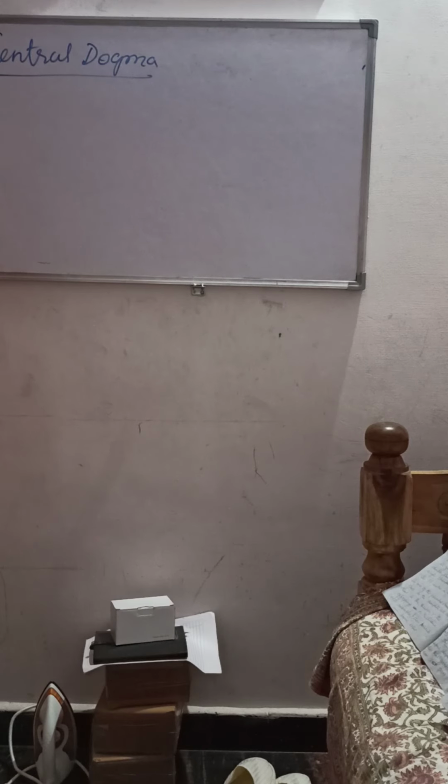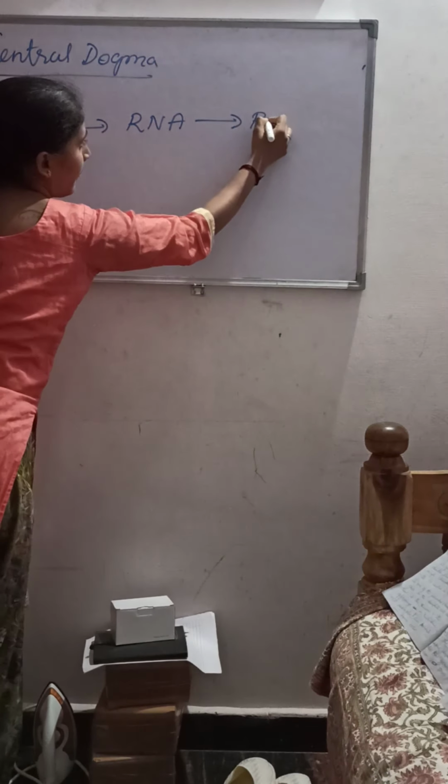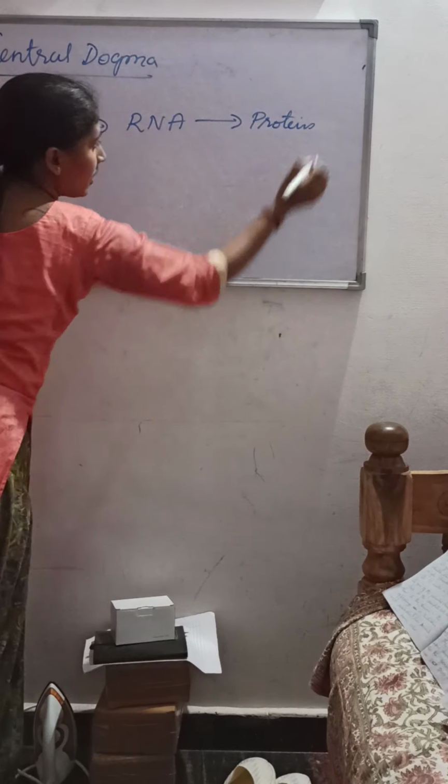So the flow of genetic information from DNA to mRNA, and to what? Protein, which is called the central dogma of molecular biology.